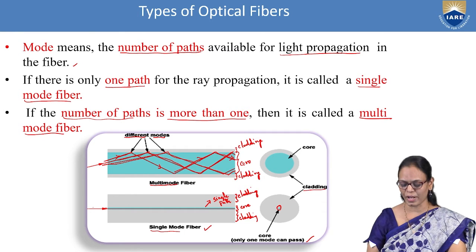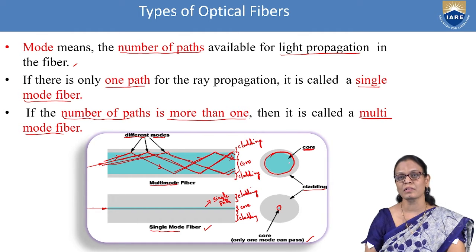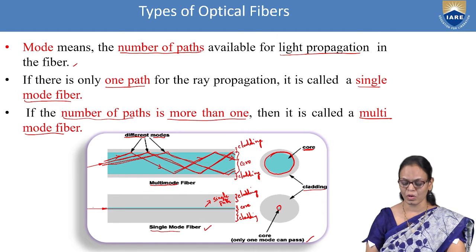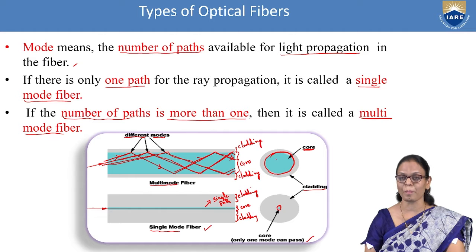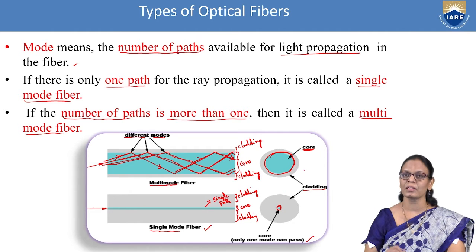Coming to multi-mode fiber, this is the diameter of the core. The core diameter is large, so it allows many modes or many paths to propagate through it. This is the cladding. So the basic difference lies in the diameters of the core and the cladding.